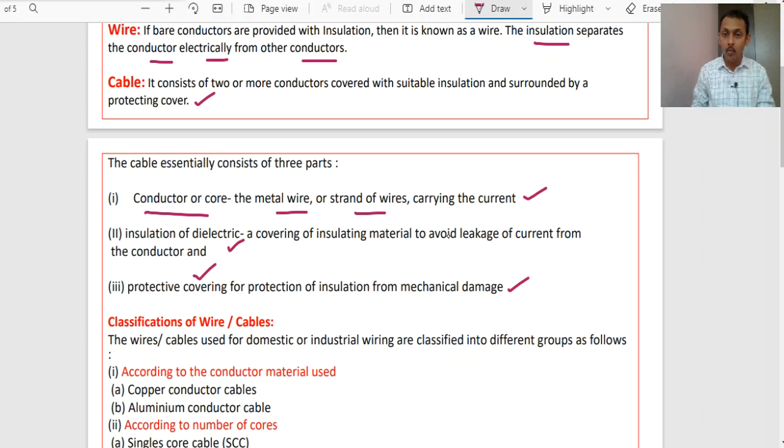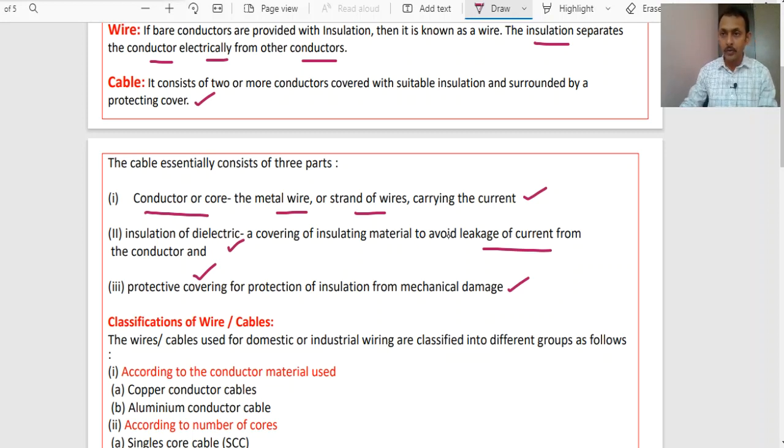Its purpose is to avoid leakage of current from the conductor, so we have a dielectric material, right? And above that we have a protective covering for the protection of the insulation from mechanical damage. So these three are the essential parts of a cable: one is the conductor or core, another is the insulation of dielectric, and another is the protective covering.